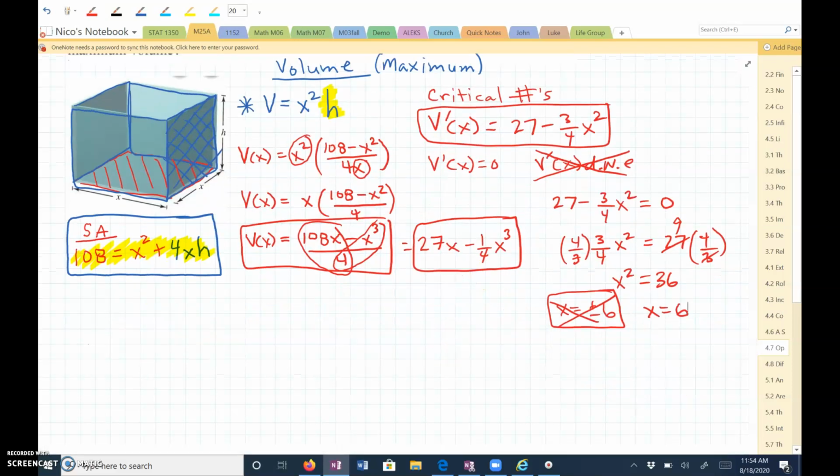So to do that, we are going to take the derivative of the first derivative and get negative 3/2 x to the first power. I'm just taking the derivative of this. Derivative of 27 is 0. And the derivative of negative 3/4 x squared would be negative 3/2 x.